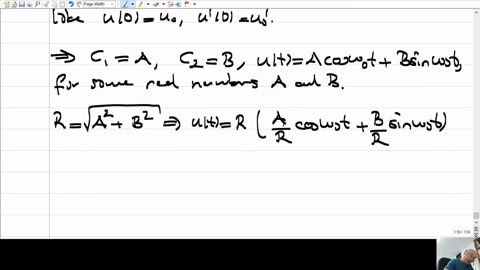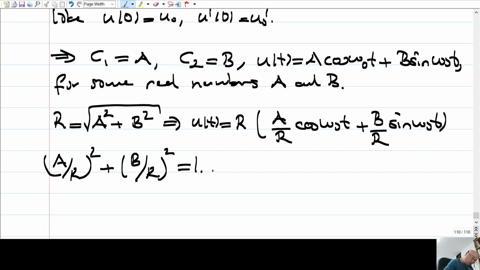Here you see that A over R squared plus B over R squared is equal to 1.